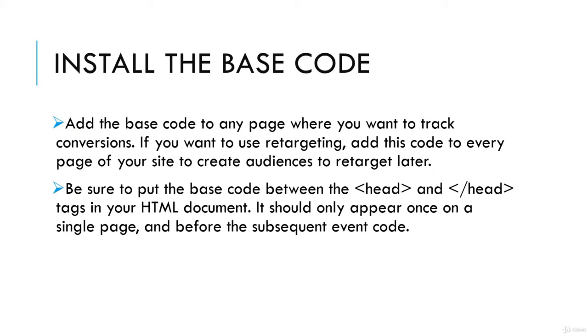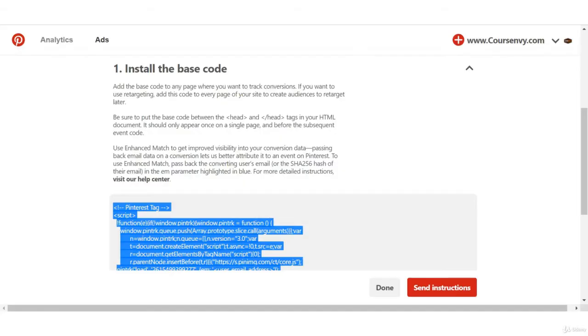It should only appear once on a single page and before that event code. So you want your HTML to read first base code, then event code, and then content of your website. This is to make sure Pinterest actually tracks these event fires and collects these visitors.